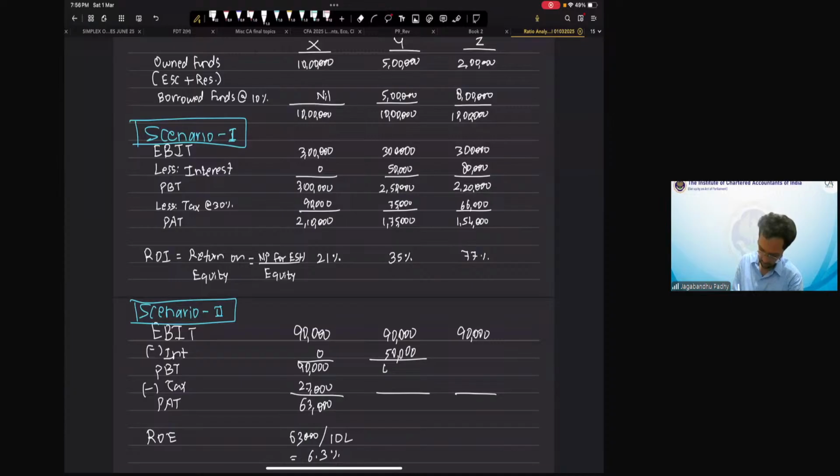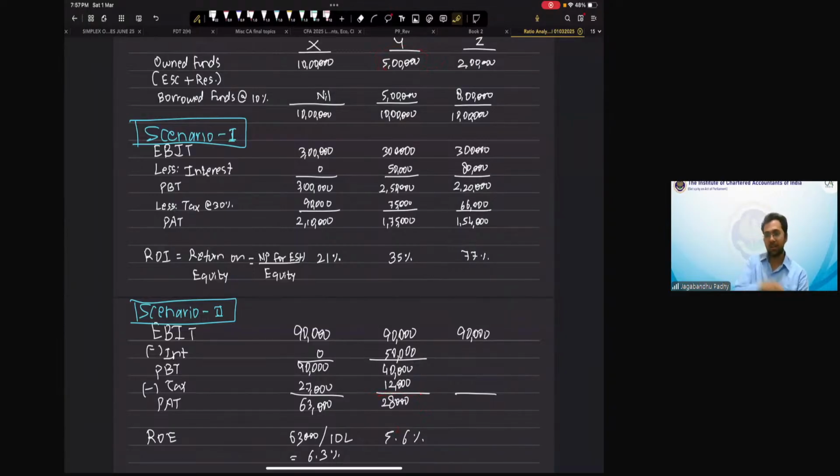So we have the PBT of 40,000. From that 40,000, we can subtract the taxes also. So taxes would be at the rate of 30%, which is 12,000. And then profit after tax will be 28,000. So what's the return on equity? 5.6%. Because that's going to be 28,000 on an investment by equity shareholders of 5 lakh.